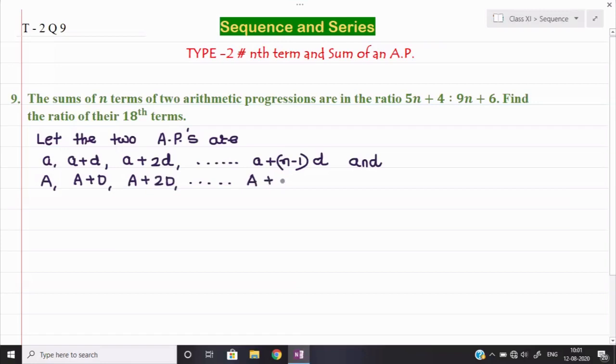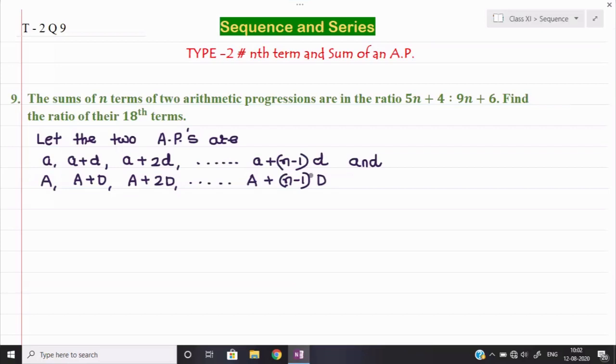So A plus n minus 1 into D. Here remember, as I am telling you again and again, the number of terms in both the APs is considered the same. If the first AP contains 50 terms, then the second AP also contains 50 terms. That's why you can see I have taken the value of n the same in both the APs.